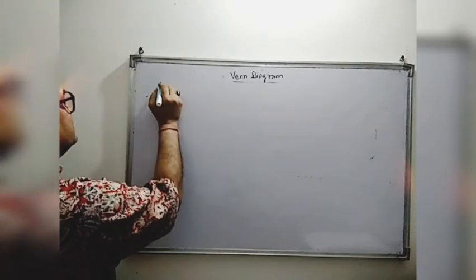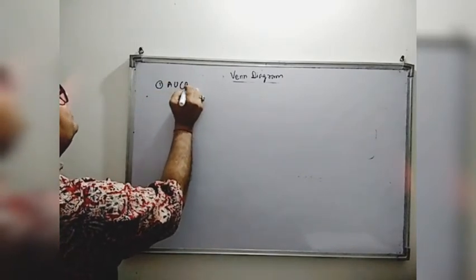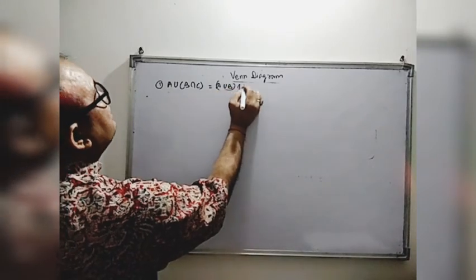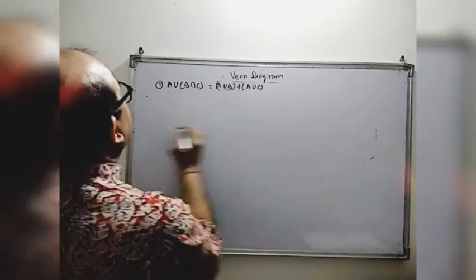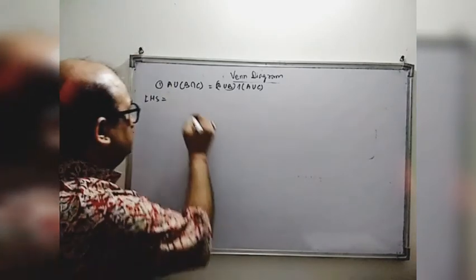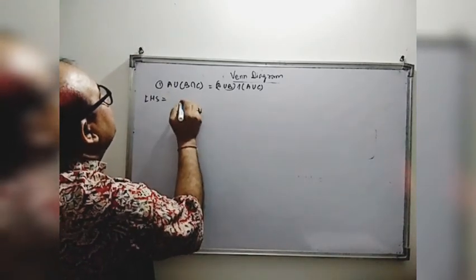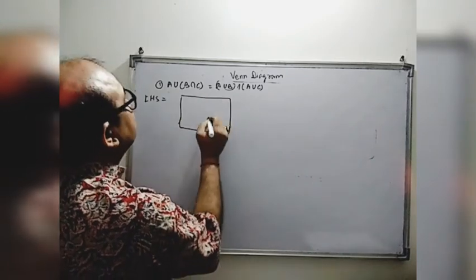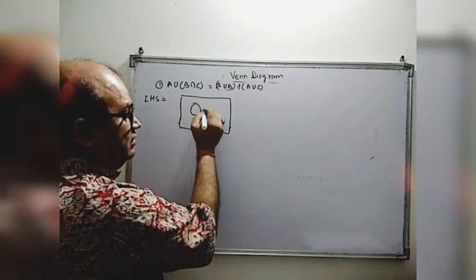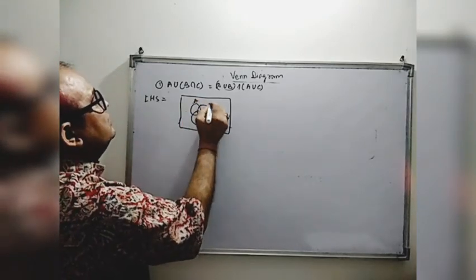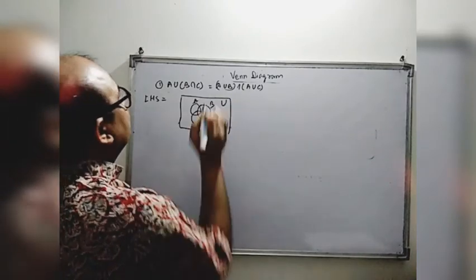Now, first is the distributive property: A union B intersection C equals A union B intersection A union C. Let us take the LHS. A, B and C are three sets, and this is the universal set.